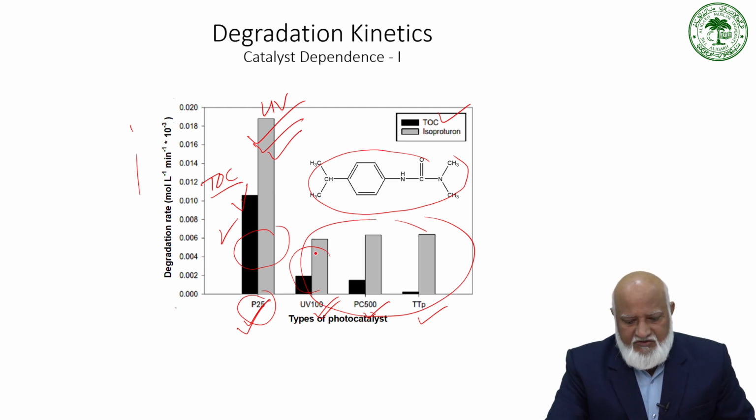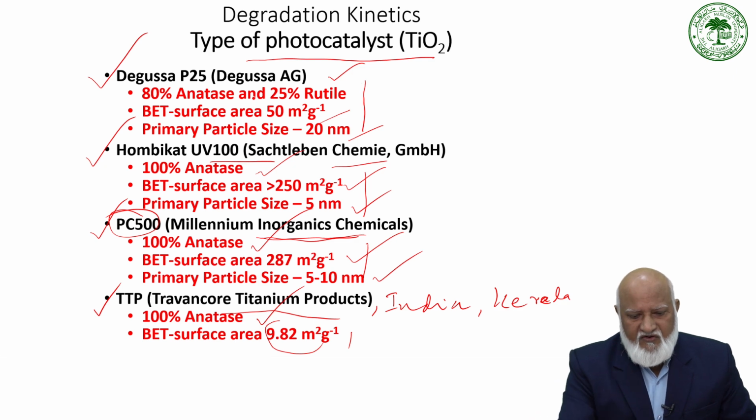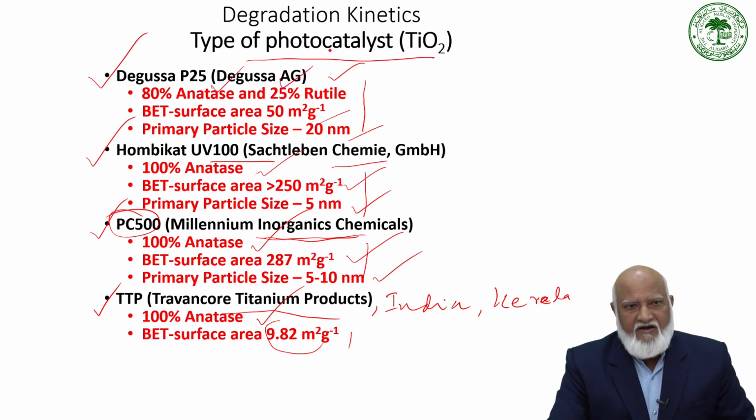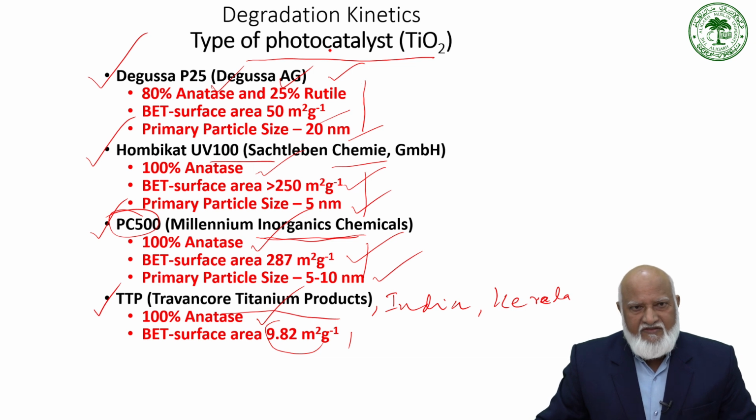Although you can see that the UV100 is 100% anatase, which is photoactive. I just want to mention here that out of anatase and rutile, the anatase form is photoactive, whereas rutile is not photoactive, and that's why the rutile form of titanium dioxide is used in paints, so that the color of the paint does not fade.